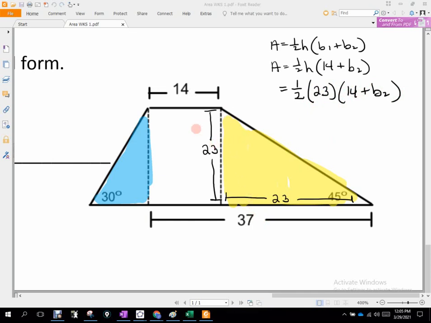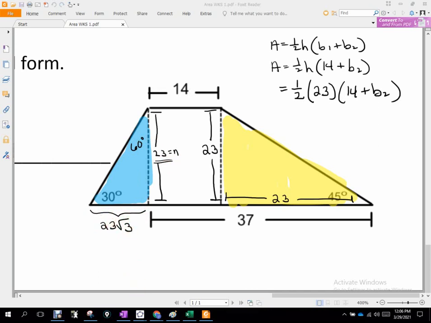So, this 23, can that be transferred over here to be in that distance? Okay, so what is that in a 30, 60, 90 triangle? Is that in 2n or in radical 3? It's just n. Okay, so what's across from 60 then? Should be in radical 3, right? So 23 radical 3.